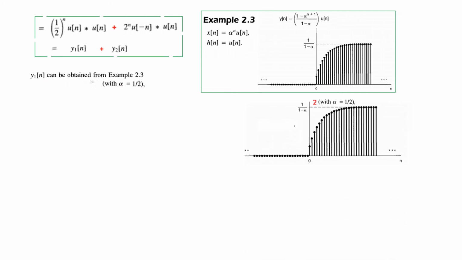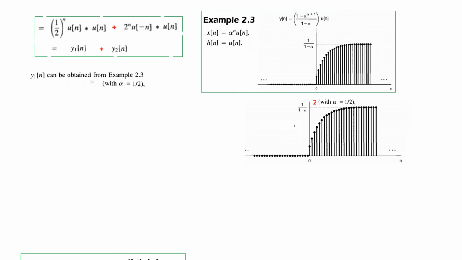So this is the plot of the first part when a is half: 1 minus half is half, and 1 over half is 2, so this value is 2. Everything else remains the same shape, just the values change. So this is the answer for the first part.